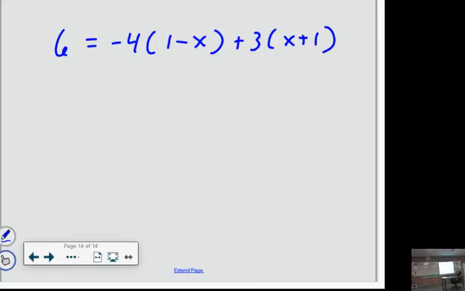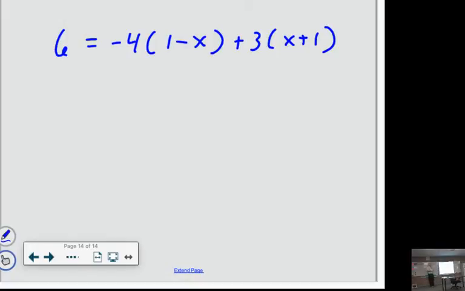Ooh, that's pretty. Okay, so my first step when I'm solving these linear equations is to clear fractions or decimals.